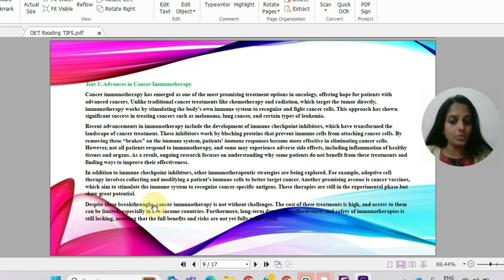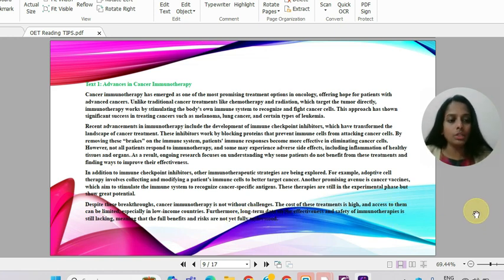Despite these breakthroughs, cancer immunotherapy is not without challenges. The cost of these treatments is high and access to them can be limited, especially in low income countries. Furthermore, long term data on the effectiveness and safety of immunotherapies is still lagging, meaning that the full benefits and the risk are not yet fully understood.